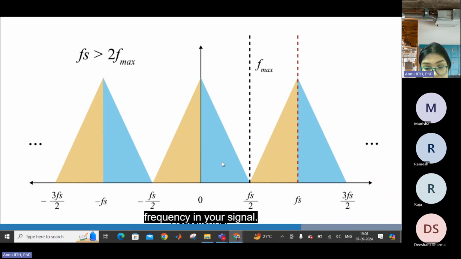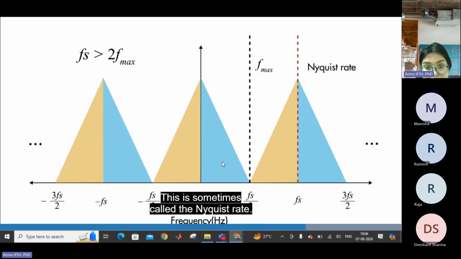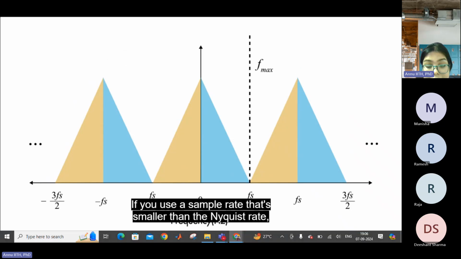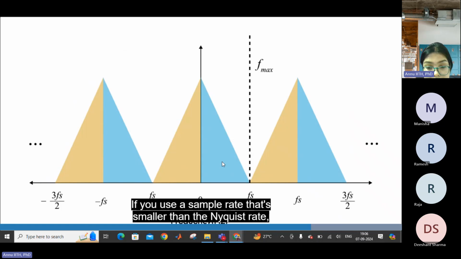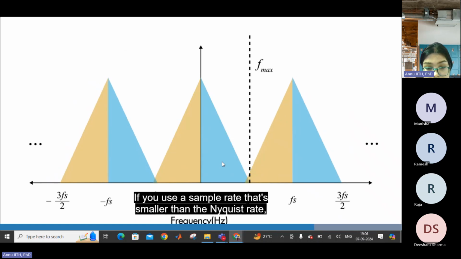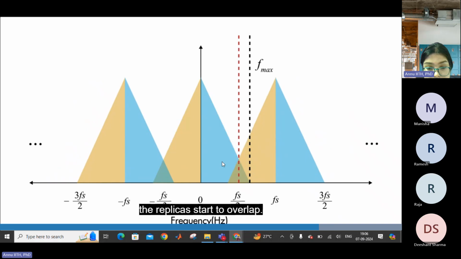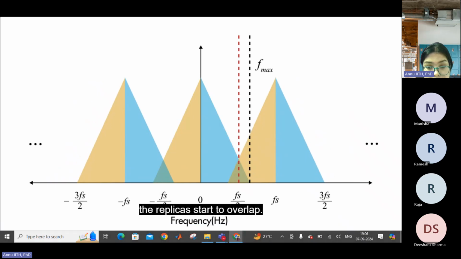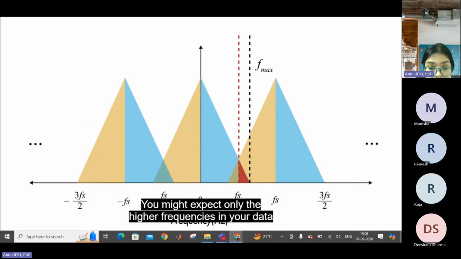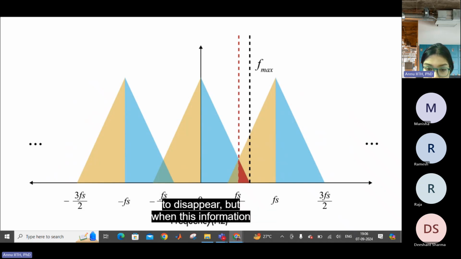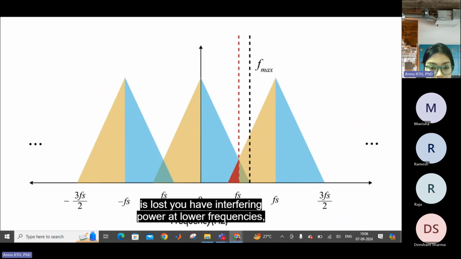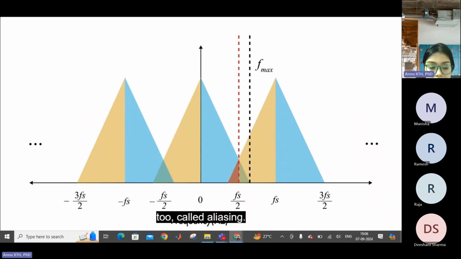This is sometimes called the Nyquist rate, and 2 fs is called the Nyquist rate. If you use a sample rate that's smaller than the Nyquist rate, the replicas start to overlap. You might expect only the higher frequencies in your data to disappear. But when this information is lost, you have interfering power at lower frequencies too, called aliasing.